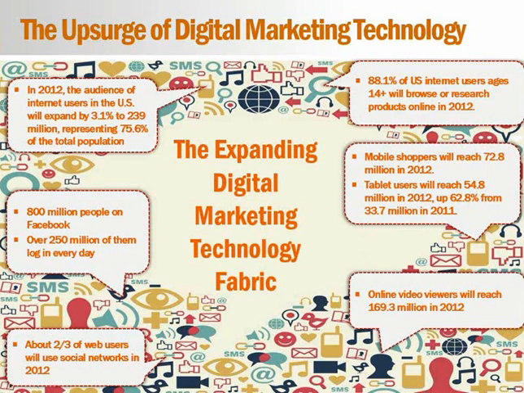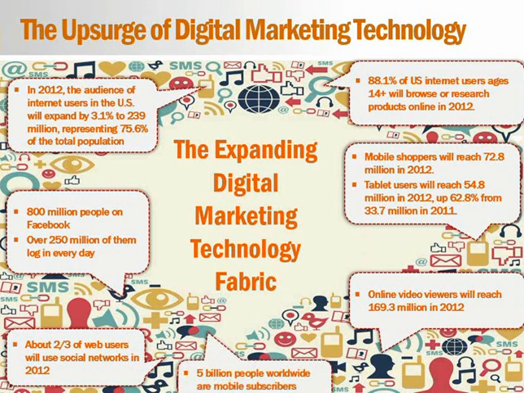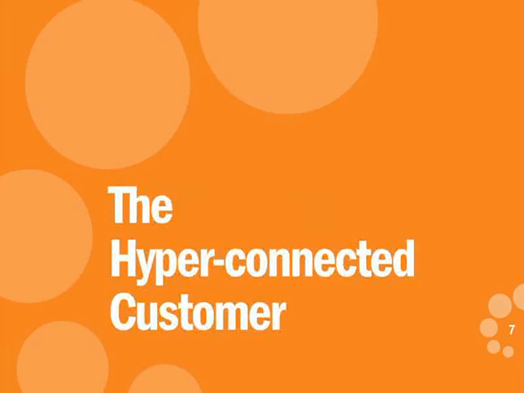There are people using mobile and tablets at a much faster pace than at any point in time. So digital is about how these people are connecting to your products and your services. And that is where the idea of the hyper-connected customer comes into being.